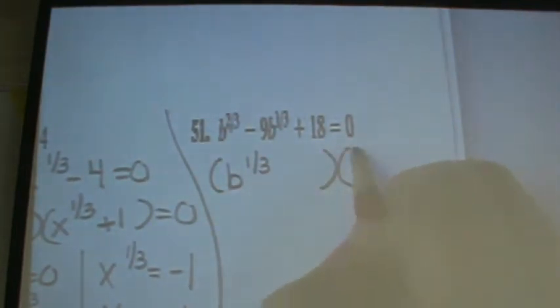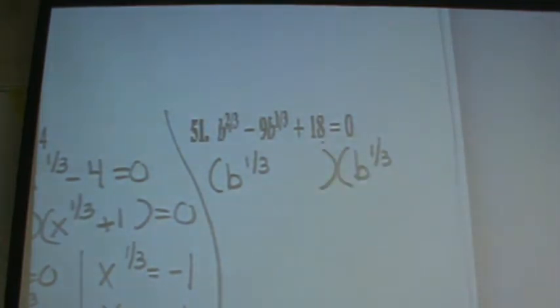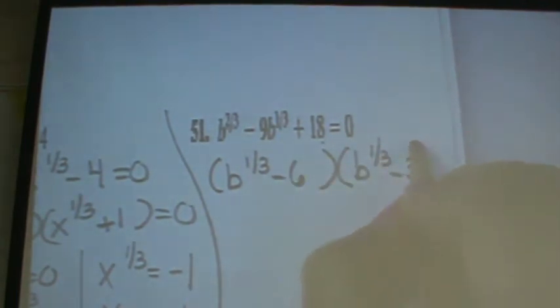Last one, b to the 2/3. So b to the 1/3, b to the 1/3. What two numbers multiply to give you 18 but add to be negative 9? It would be negative 6 and negative 3. Set each of these equal to 0. Add 6. Cube 6.